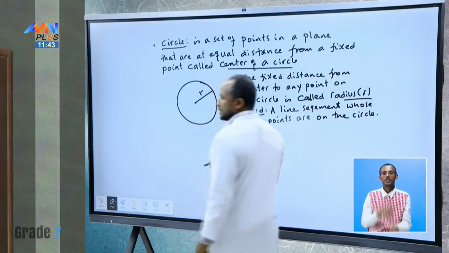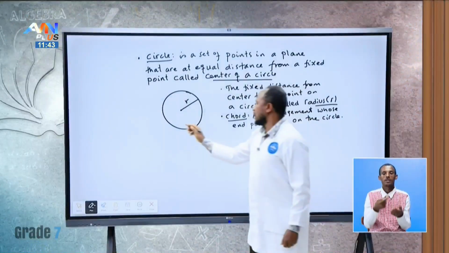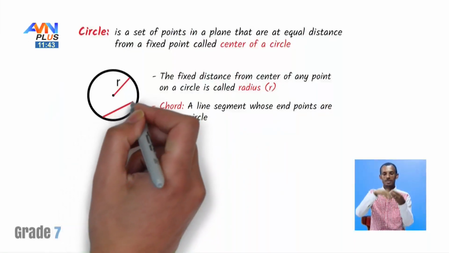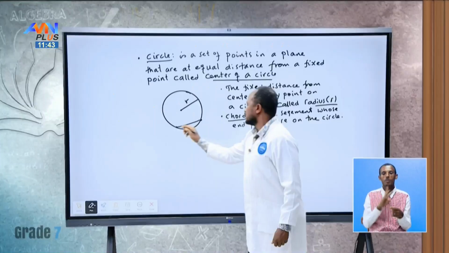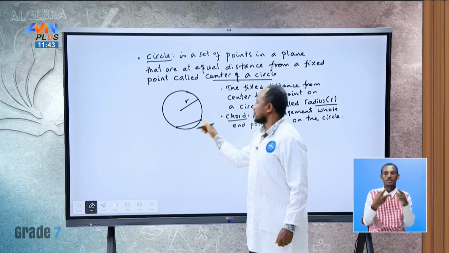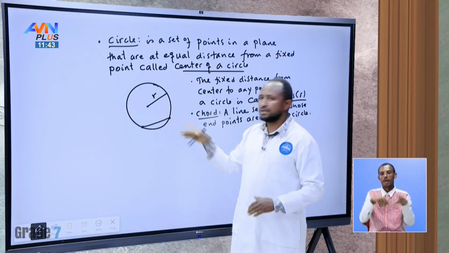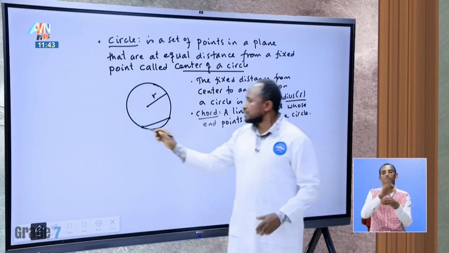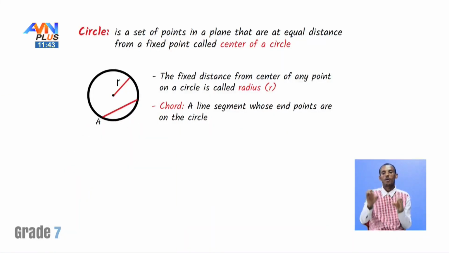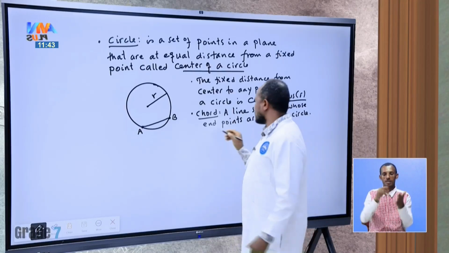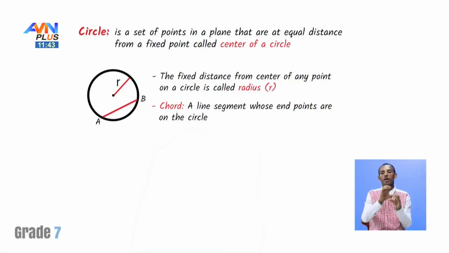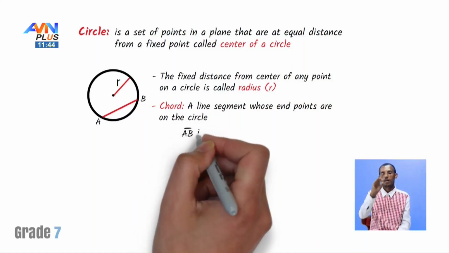So here, if you take this line segment, as you can see, its endpoints are on a circle. So any line segment whose endpoints are on a circle is called a chord. So here, you can say this point A, this B. AB is a chord.